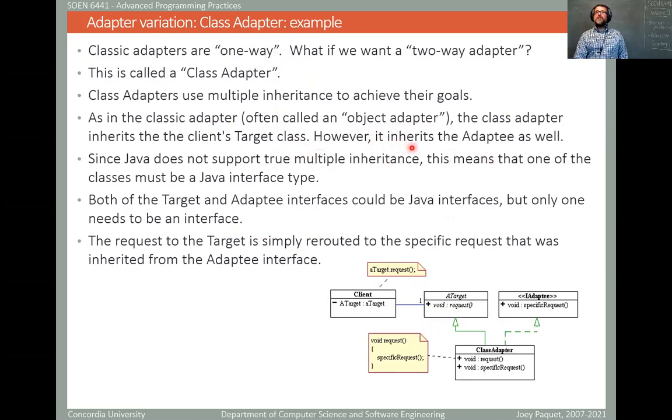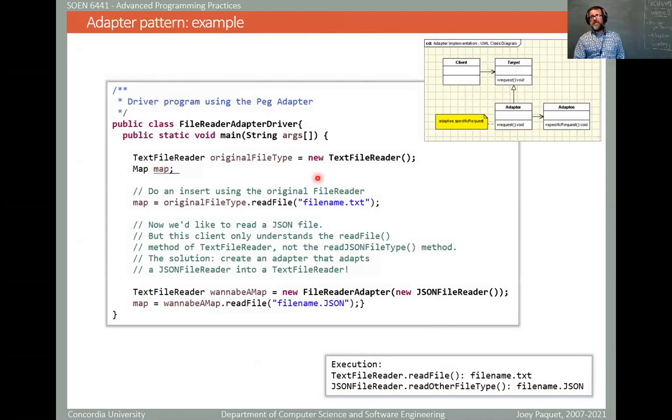So here, both the target class and the adaptee class will implement a specific interface. If you look at this, you might think that the adapter needs to inherit from target, so you might say, well, I'm going to make my adapter inherit both from target and the adaptee.